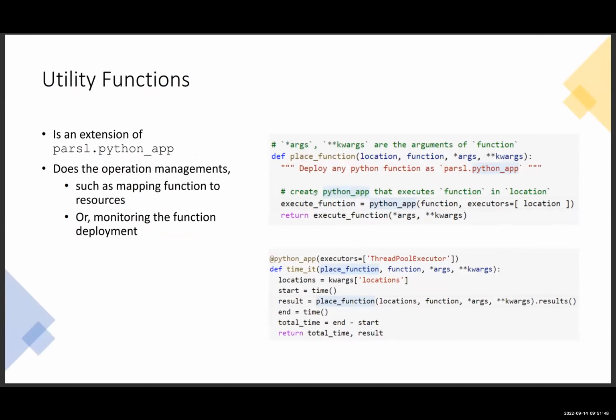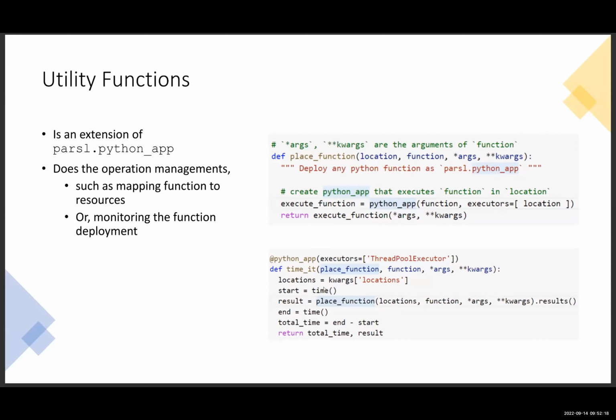The first one here will perform a simple function deployment. It will take any Python object, a function here, then map it to, or deploy it to, a specific location. It uses Python app to create the Python app on the fly. Then after that, it will call the function here.